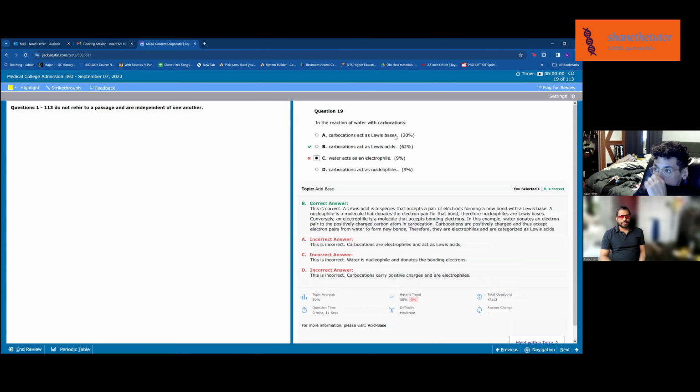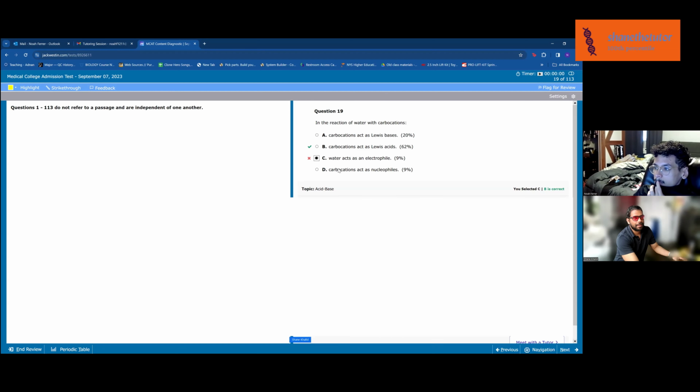Now they're talking about the Lewis definitions. Yeah, I didn't know that one. Carbocations, I just covered that myself. So what's a carbocation?